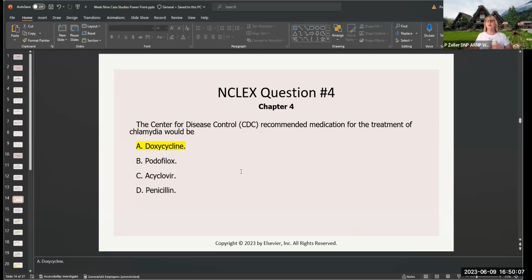If we have a client that comes in and she's pregnant and we do a vaginal culture at that first visit and she has chlamydia, we need to treat it now. And then in a month, we're going to make sure she doesn't have it. The next month, we're going to culture her again. So we have to stay ahead of it. And we have to be educating our clients about chlamydia. Chlamydia can cause infertility because it spreads so quickly and can cause scar tissue.